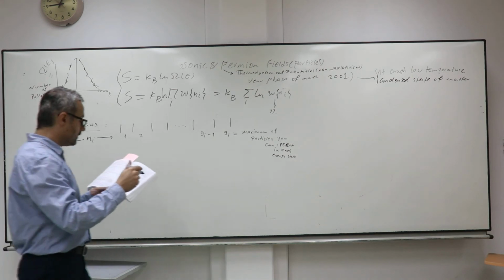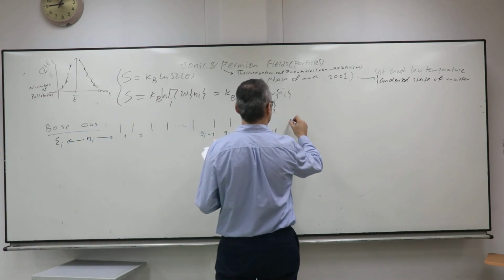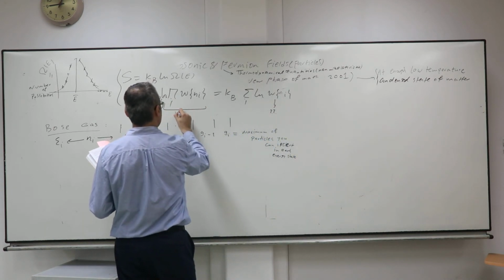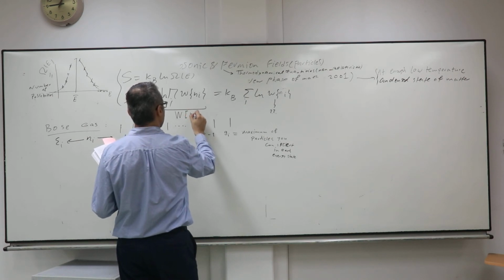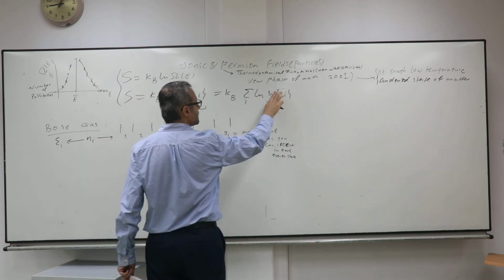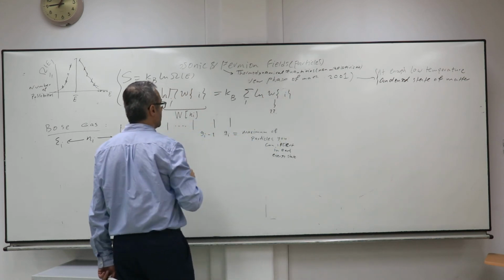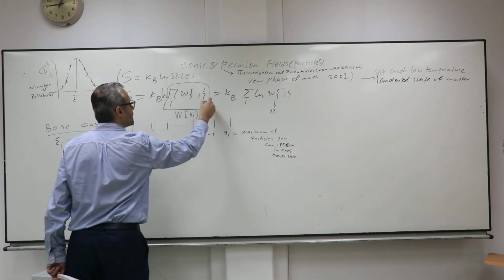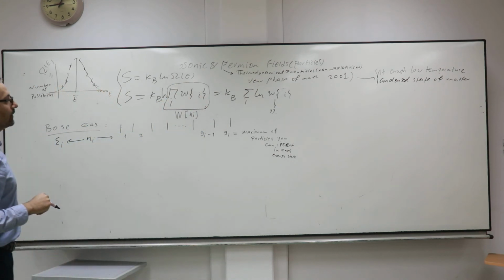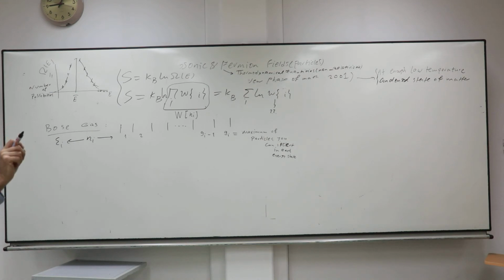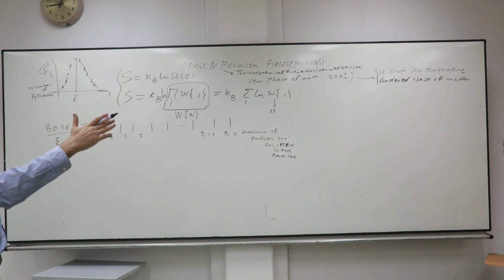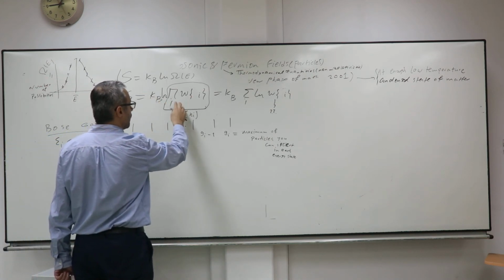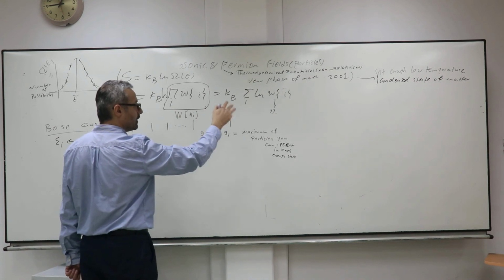Sometimes we write this as W(Ni), lowercase anyway. Because Wi is the number of possibilities for each energy, and you have a number of energies, so the total number will be a collection of all of them: W1, W2, W3, W4.